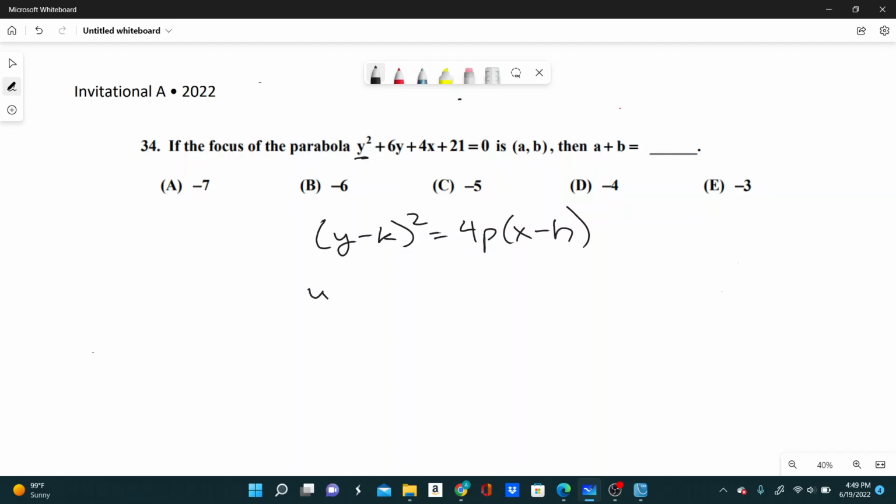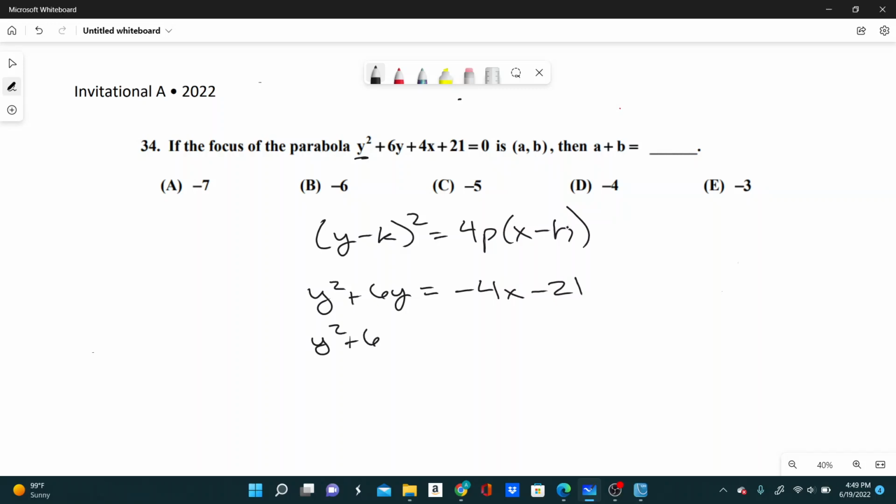So we have y squared plus 6y equals negative 4x minus 21. If I complete the square on the left-hand side, so we can have this y minus k squared, I have to add 9 to both sides.